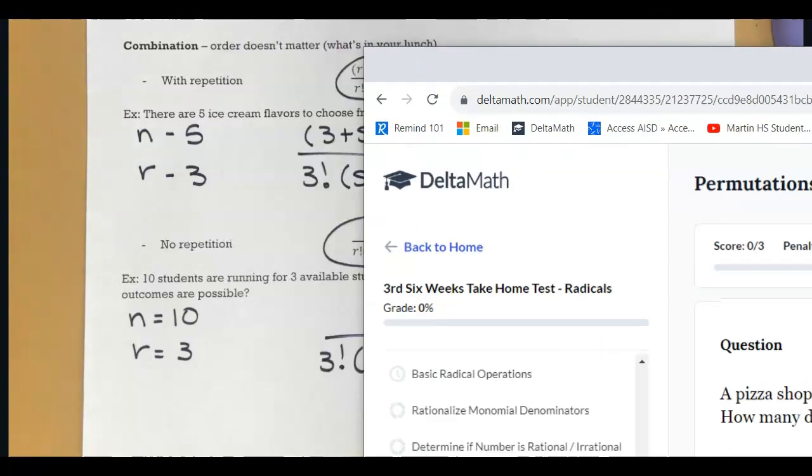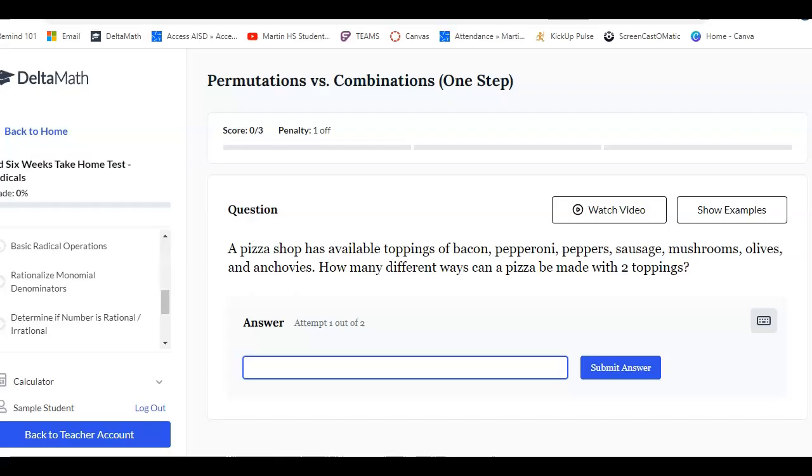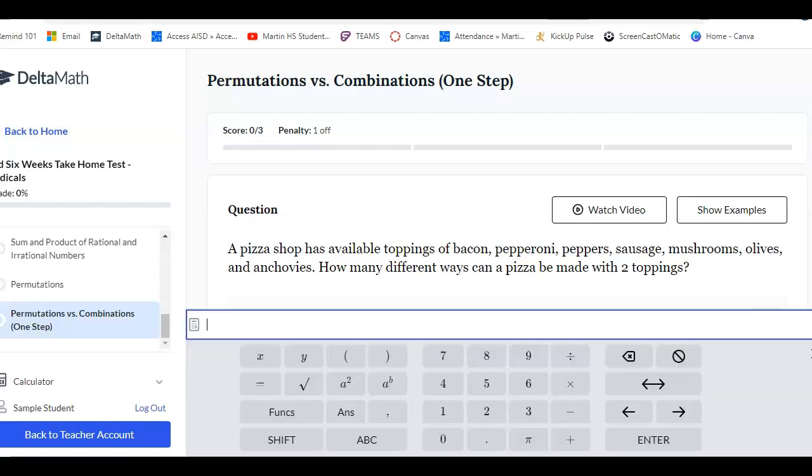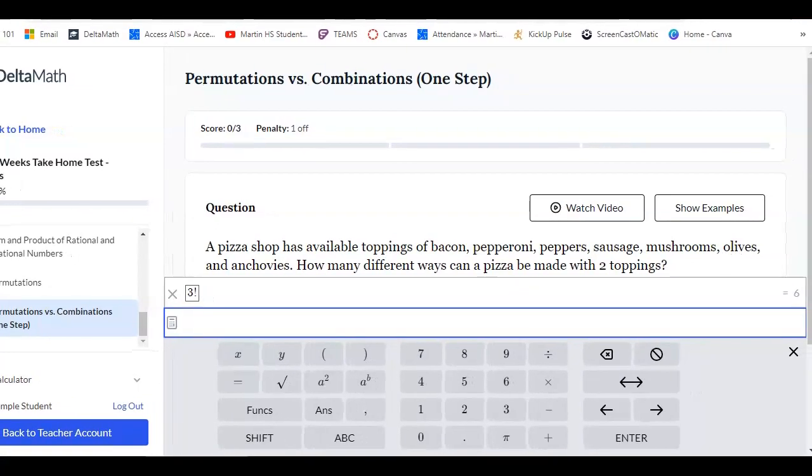And then one more thing I do want to show you is that while you might not have one of these TI calculators at home, the calculator that's built into Delta Math can calculate a factorial for you. All you have to do is type in the exclamation point. So 3 exclamation point will give you 3 factorial. And let me expand this so you can see.